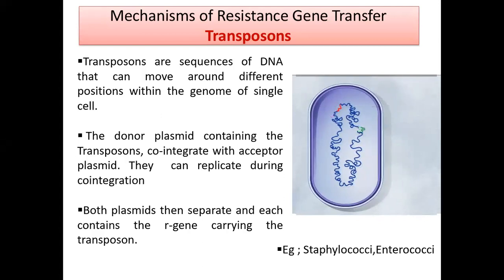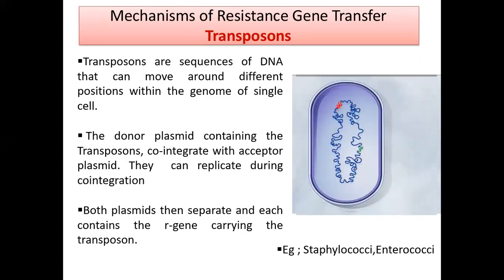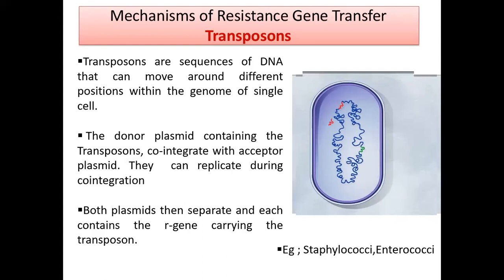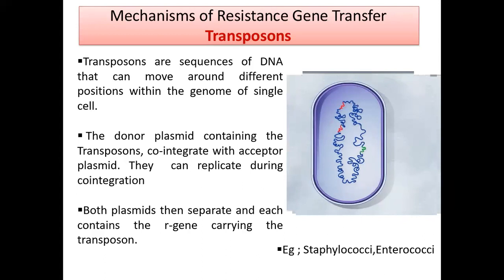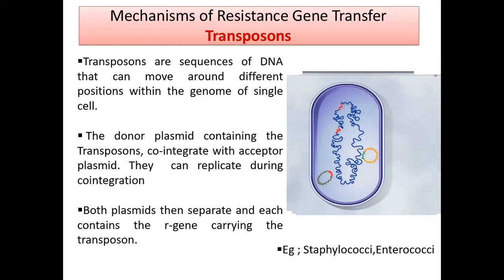Now the next step is the green transposon jumping somewhere else, and it will integrate at another site. Now the red part will detach and integrate at some other site, you can see over here. Now both plasmids have different transposons, red color and green color. They are separated and they are carrying the R genes, right?